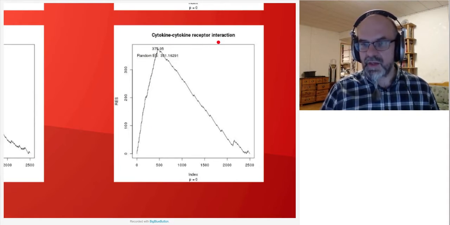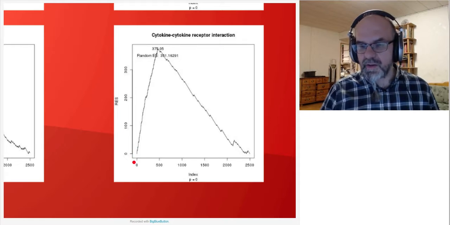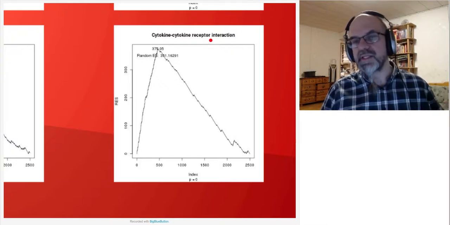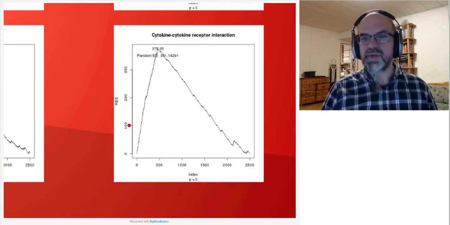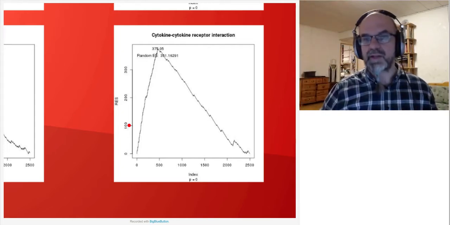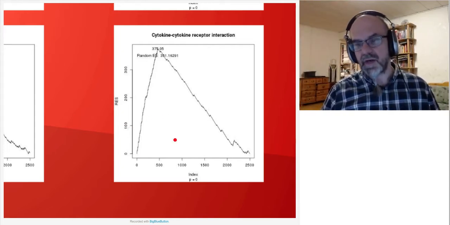Cytokine receptor interaction. In this case, it looks very similar. Most of the annotated genes are on the top, meaning that genes related to these annotation terms were upregulated or very highly upregulated in your experiment.